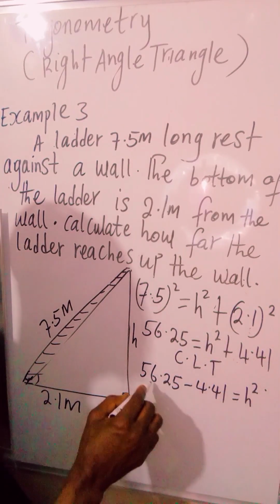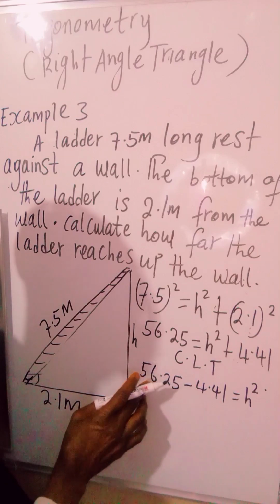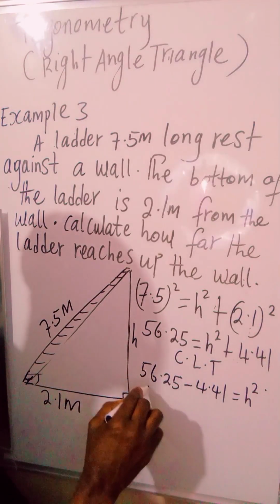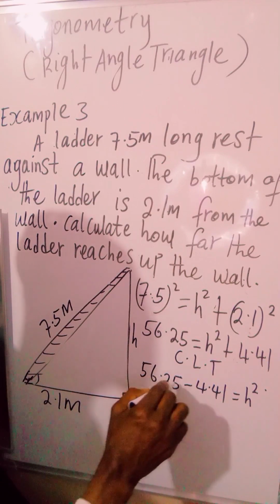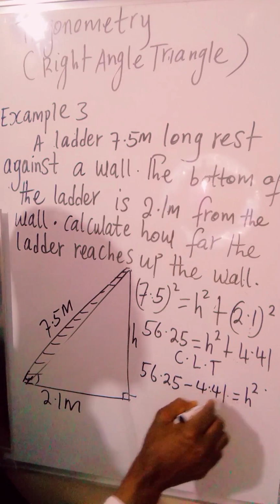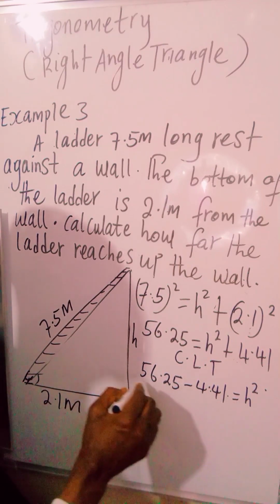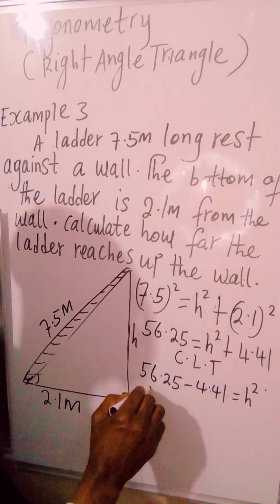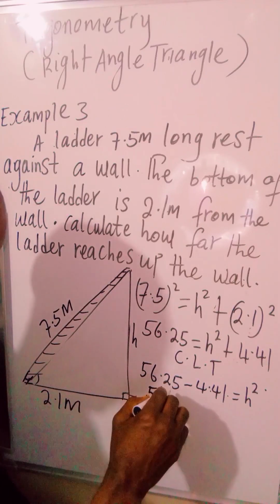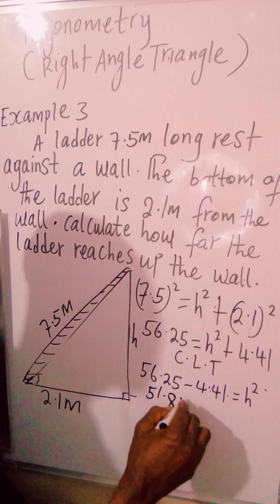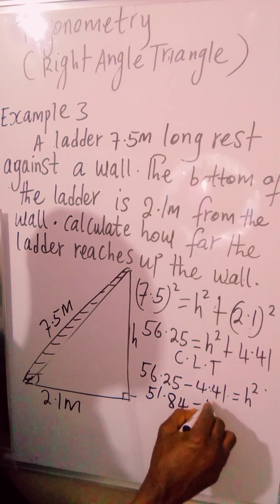So if you subtract 4.41 from 56.25, you're going to have 51.84 equal to h squared.